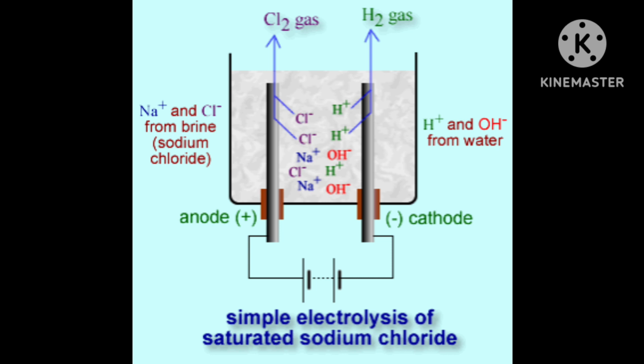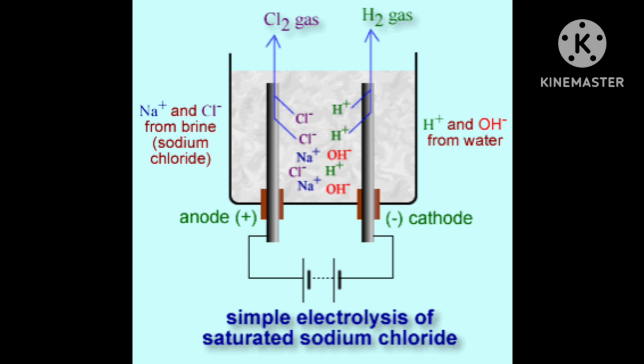And for 2H2O, for this process, the standard E cell is 1.23 volt, that is less than 1.36 volt. Keep that value in mind: for chlorine gas formation it is 1.36 volt, and when H2O forms oxygen gas it is 1.23 volt.